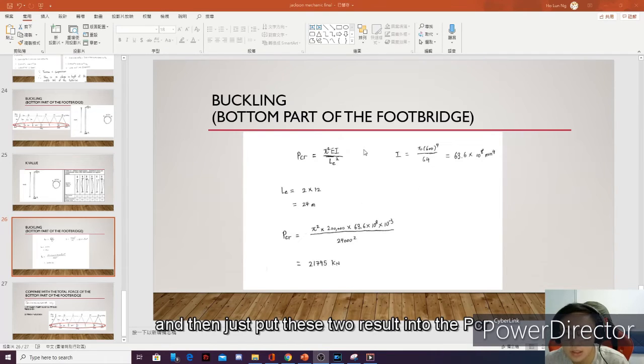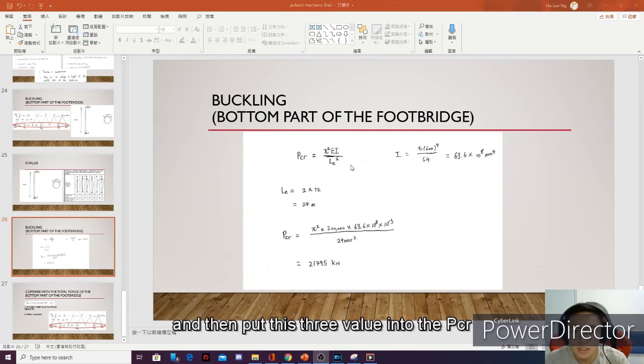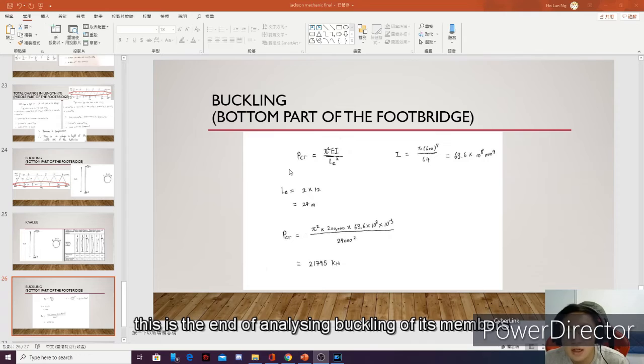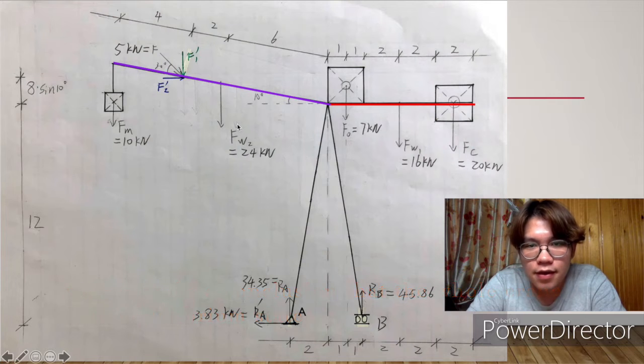Just put these two things into PCR. Also E is the Young's modulus, and you need to change 200 GPa to 200,000 MPa first, and put these three values into PCR, and then the critical Euler load will come out. This is the end of analyzing the buckling of its member, and this is also the end of question number 2. Thank you.